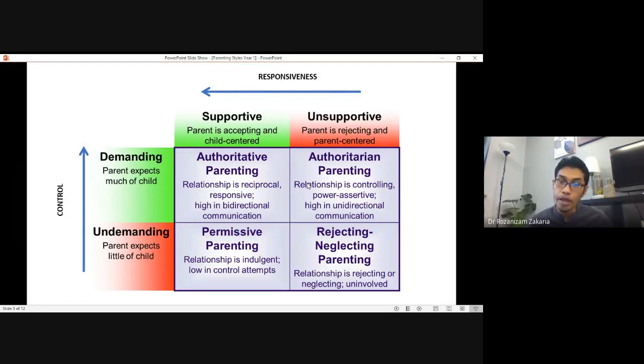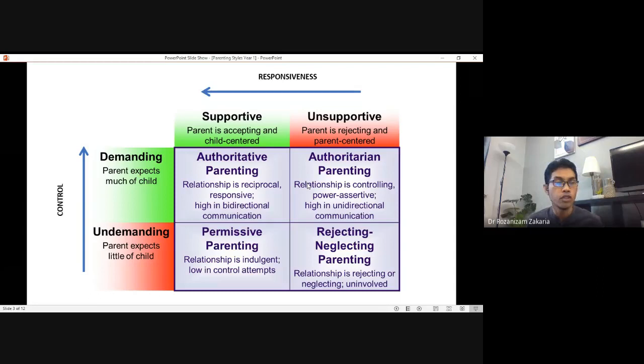But there are also parents who are not responsive at all to the children. I mean, you want to cry, it's up to you. You feel sad that you didn't get something, I don't care. But at the same time, when it comes to discipline, they are very controlling.